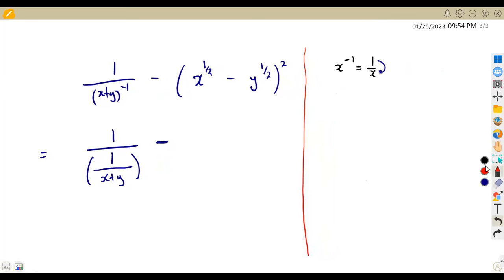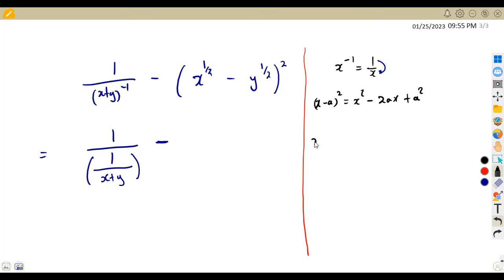When you are expanding brackets, you can use the identities of expanding. We know that if we are given, let's say, x minus a, to the exponent of 2, this is going to give us x squared minus 2ax plus a squared. So this is what you're going to have.